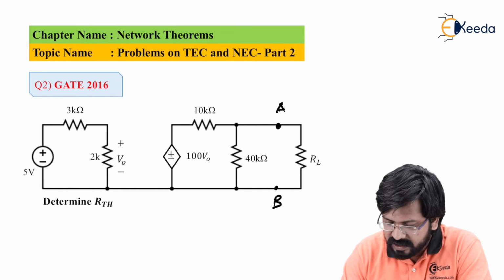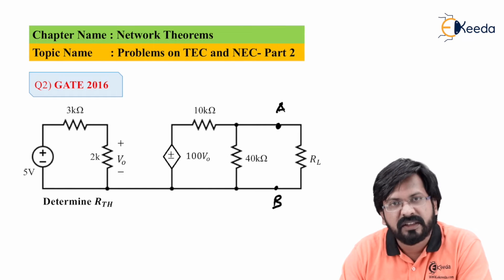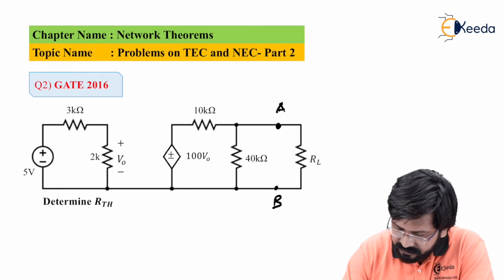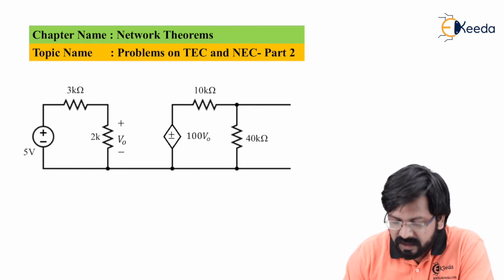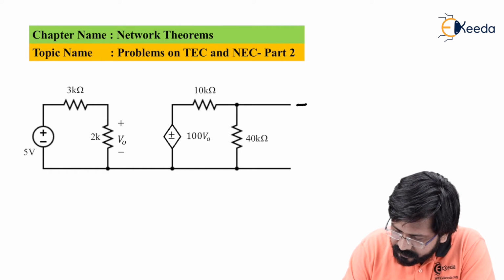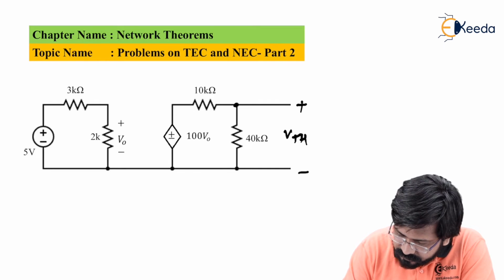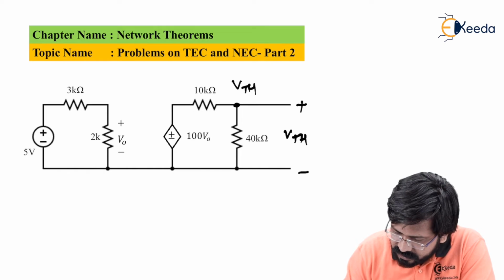between A and B, that is, A will be plus with respect to B. The resulting voltage is called VTH. As you can see, here A and B are open circuited. We'll find VTH across this. So this node itself will be called VTH.